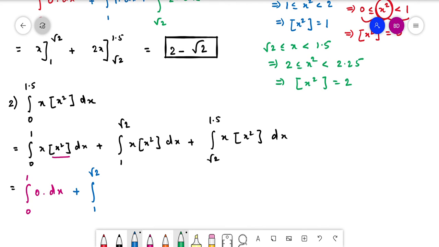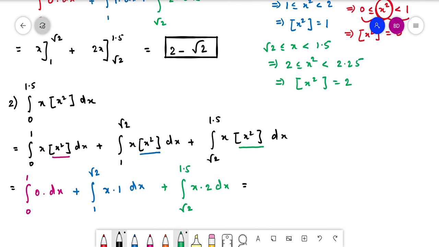You have seen just now, if x lies between 1 and root 2, then x square lies between 1 and 2. So the value of box x square is 1. So this time it becomes x into 1 dx. And the third one, root 2 to 1.5. You have seen in the previous sum that the value of box x square is 2. So this becomes x into 2 dx. Now you have all the 3 portions.